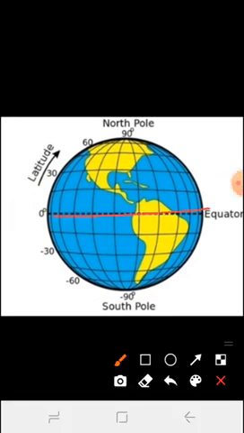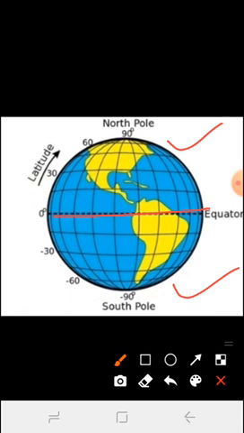It is the line of latitude in the middle, that is called the equator. Equator means it divides the earth into two equal halves: the upper part is the northern hemisphere and the lower part is the southern hemisphere. You remember, this equator is the largest latitude.